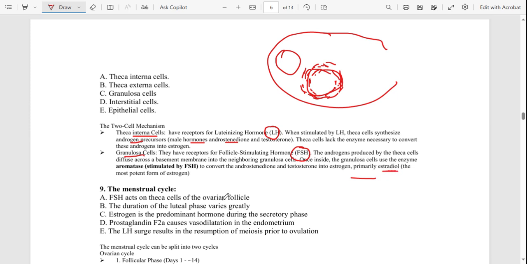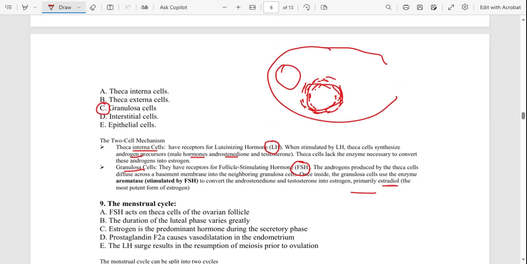Specifically, the type of estrogen we are forming here is estradiol, which is the most potent form of estrogen. So the question is, where does estrogen come from? It's actually from the granulosa cells. Take note of the hormone: it's follicle stimulating hormone stimulating the granulosa cells.